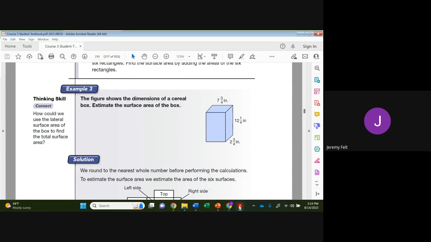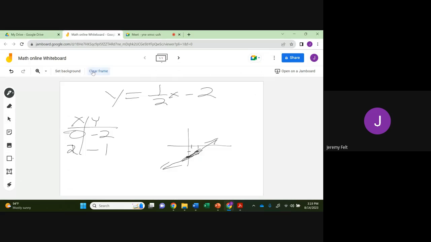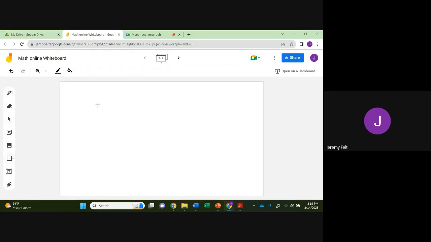So let me try and, okay, so drawing 3-dimensional objects is sometimes tricky because you've got to make your mind see it 3-dimensionally.